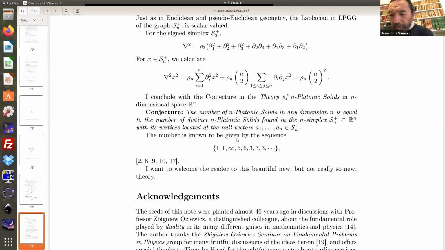Yeah, of course, when they talk about Platonic solids, they're only talking about Platonic solids in Euclidean space, including higher dimensional spaces. I never heard of Platonic solids in hyperbolic geometry. If there is such a notion, I don't know.